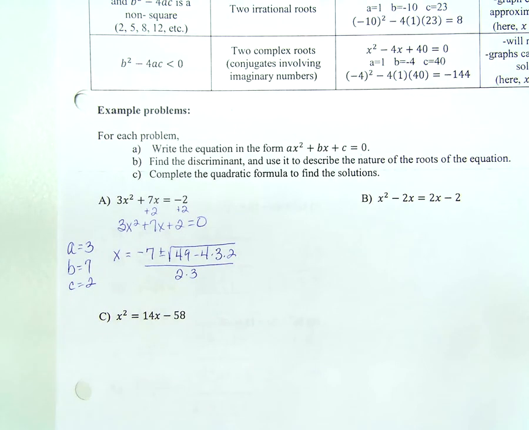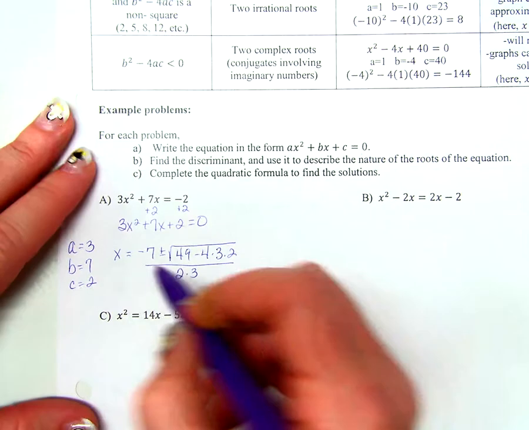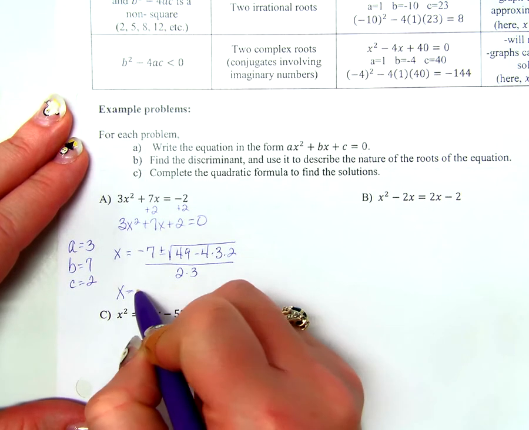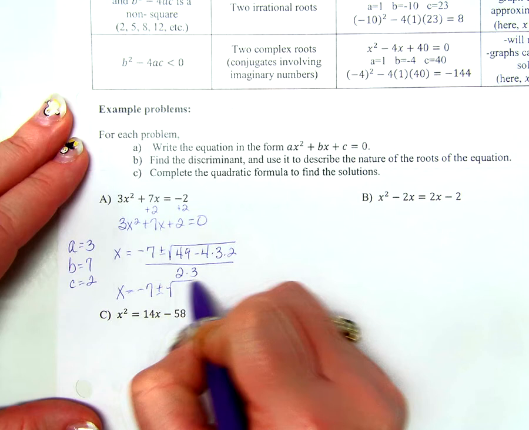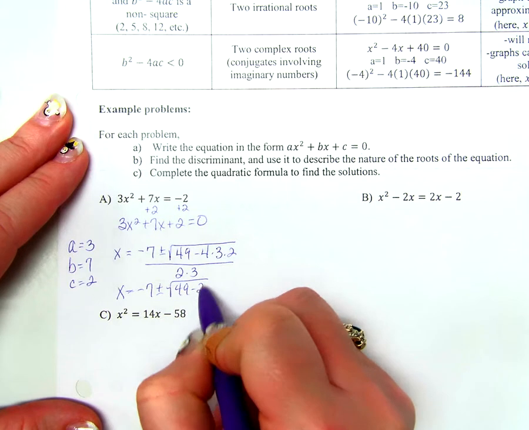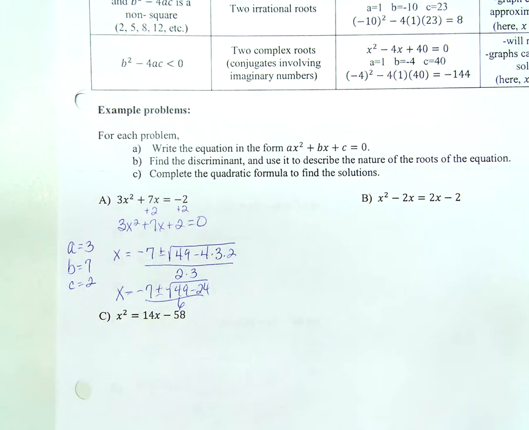What is 4 times 2 times 3? Or 4 times 3 times 2. Remember, it doesn't matter what order we multiply. 24. So I have x equals negative 7 plus or minus the square root of 49 minus 24 over 6. Right? What is 49 minus 24?